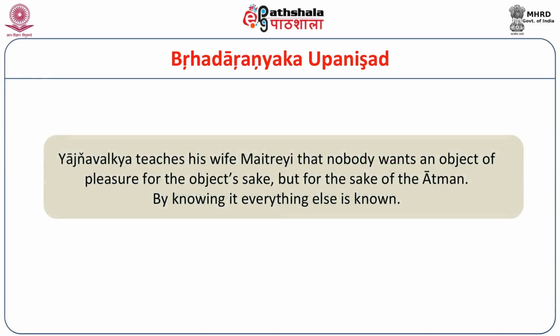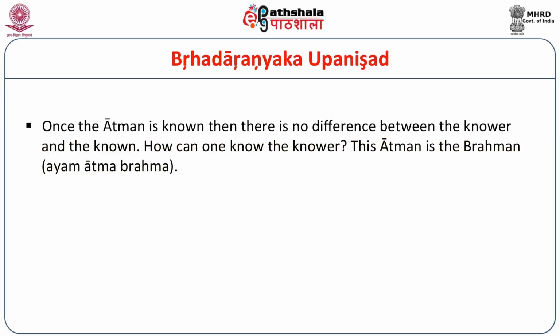For instance, Yajnavalkya teaches his wife Maitreyi that no one wants an object of pleasure for the sake of pleasure, but for the sake of Atman. By knowing it, everything else is known. Once the Atman is known, there is no difference between the knower and the known.